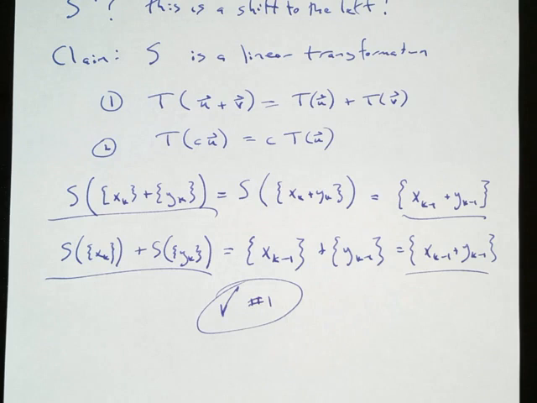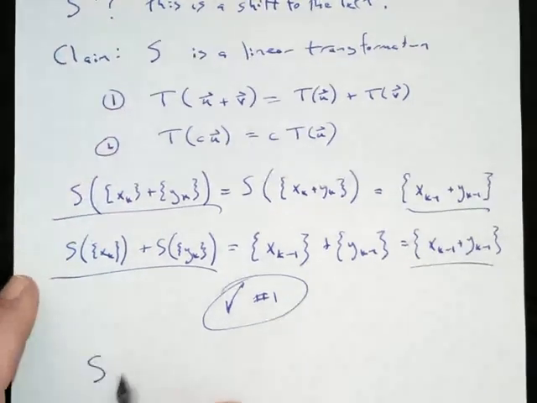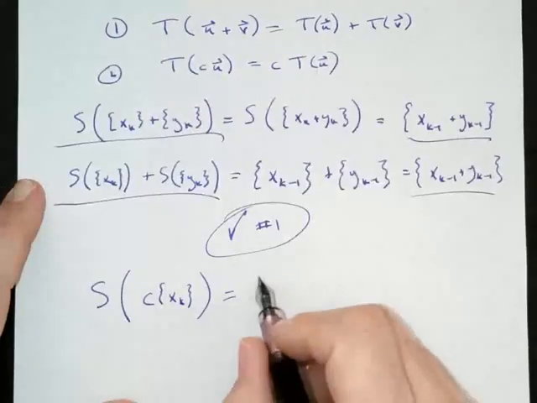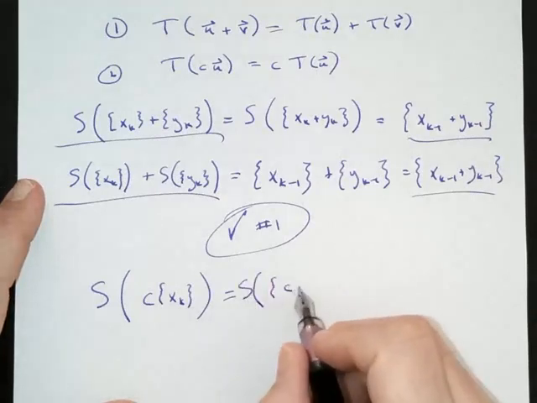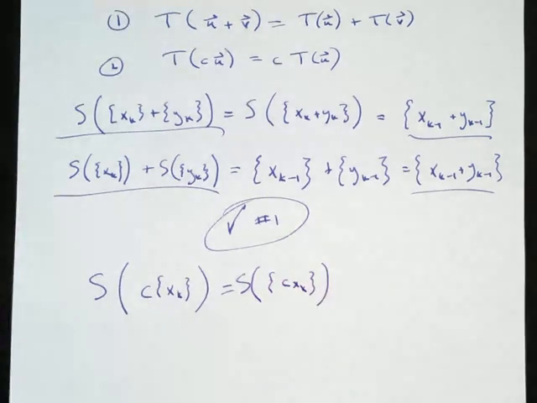When you do a scalar multiple, you multiply each thing in the signal, right? So the left-hand side of this says multiply each thing in the signal. So everything in the signal just got multiplied by c.